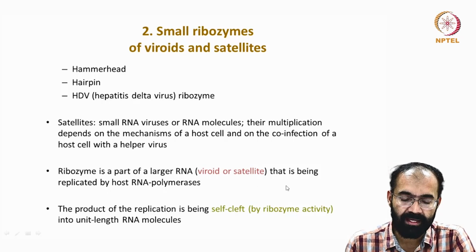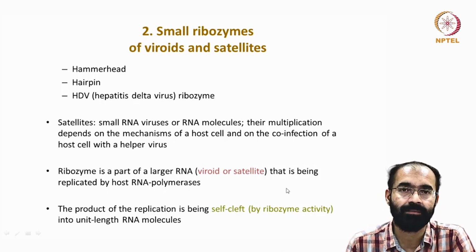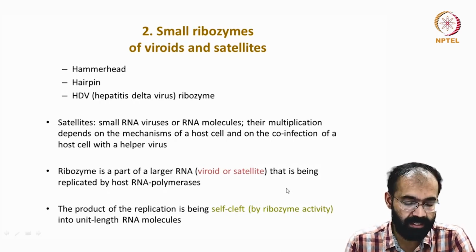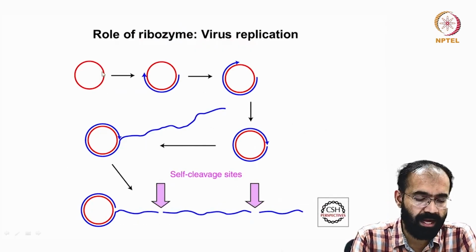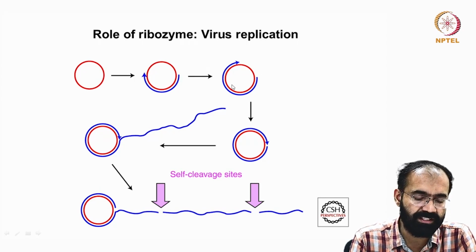Say you have a sequence that is being produced by a rolling circle mechanism. It needs to be broken at frequent intervals so that it will have meaning. That is what is being shown here. You have an RNA sequence during virus replication, and this blue line is a newly formed strand, and it is continuing and finishing one circle.